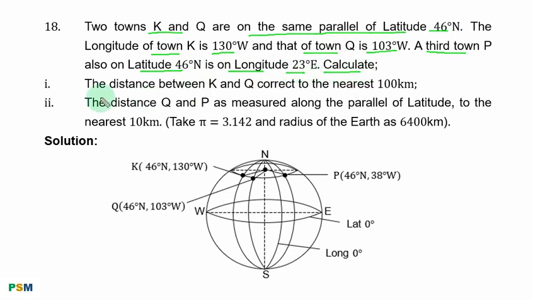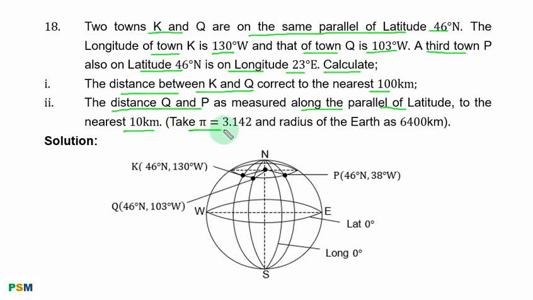Calculate, remember figure 1, the distance between K and Q, correct to the nearest 100 kilometers. Remember figure 2, the distance between Q and P as measured along the parallel of latitude to the nearest 10 kilometers.